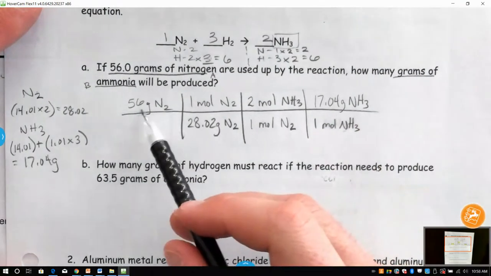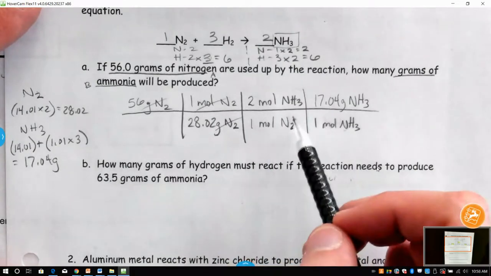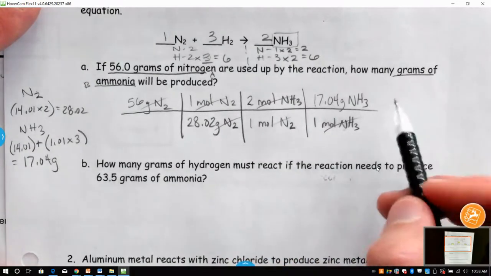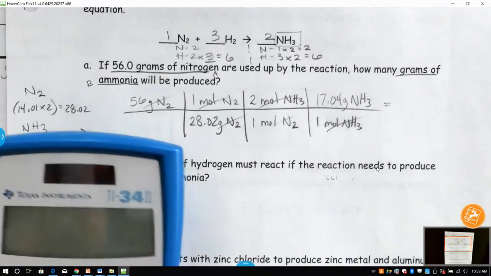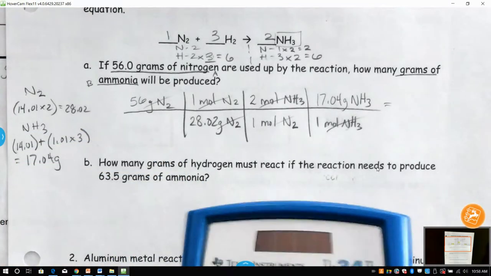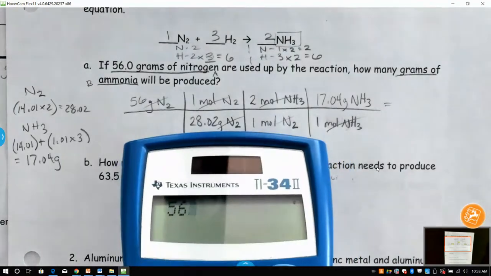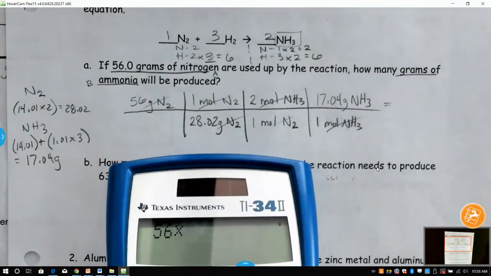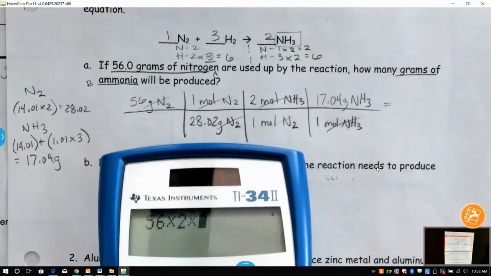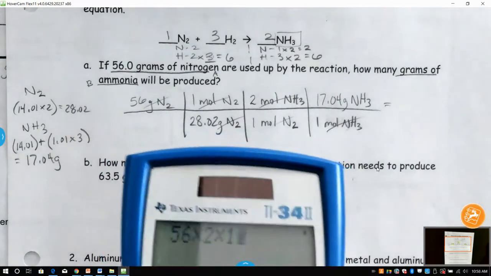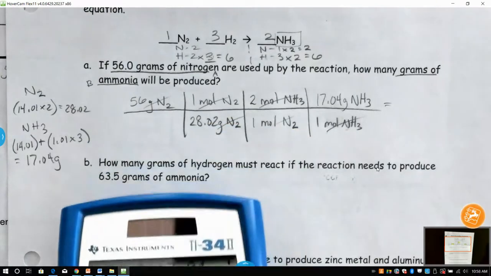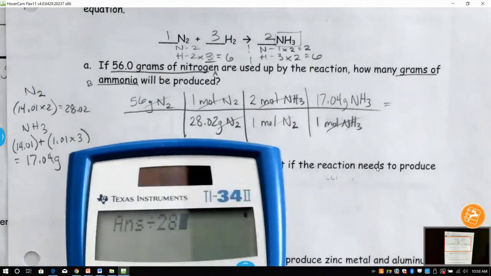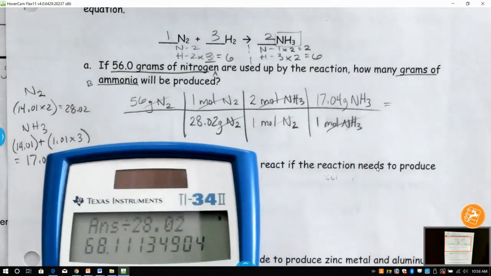Okay, grams of nitrogen cancel, moles of nitrogen cancel, moles of ammonia cancel. And now let's throw this into our calculator. So you're going to do 56 times, we don't need to do times 1, times 2, times 17.04, divide by what's on the bottom, which is 28.02.